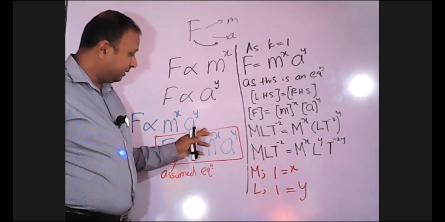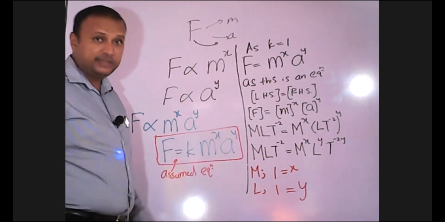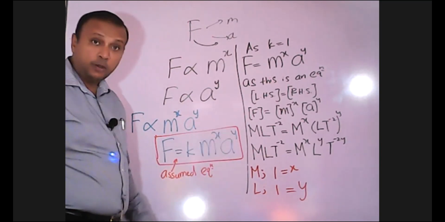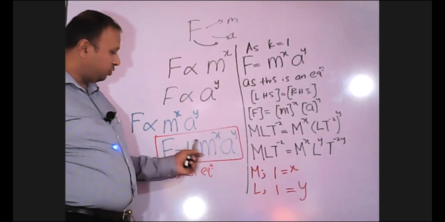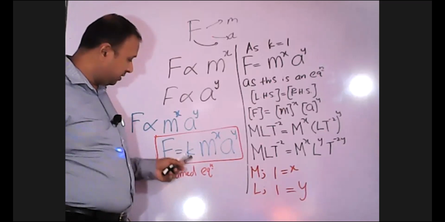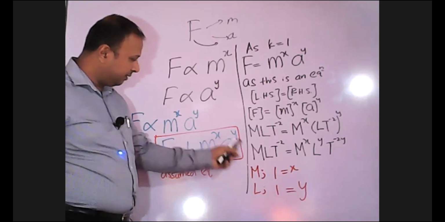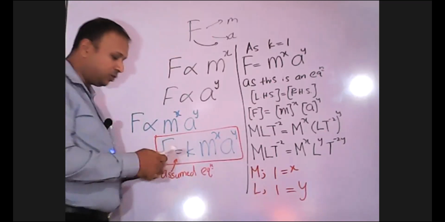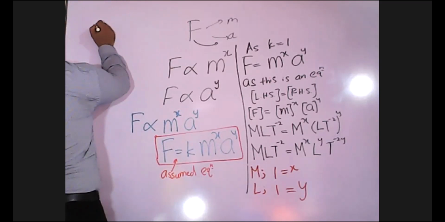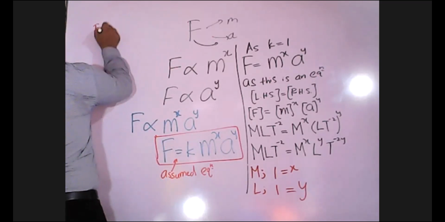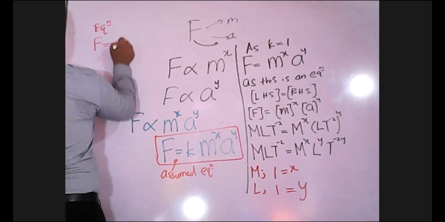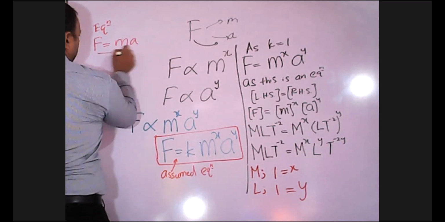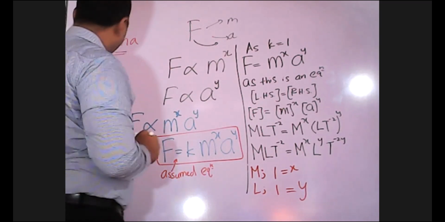Once we calculated the values of x and y, we will have the actual equation. In the actual equation, k should be 1, x should be 1, y should be 1. So the equation is F equals m a.